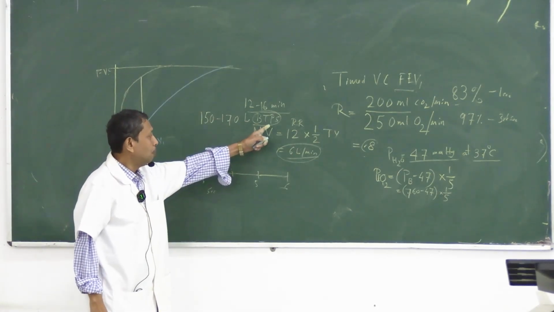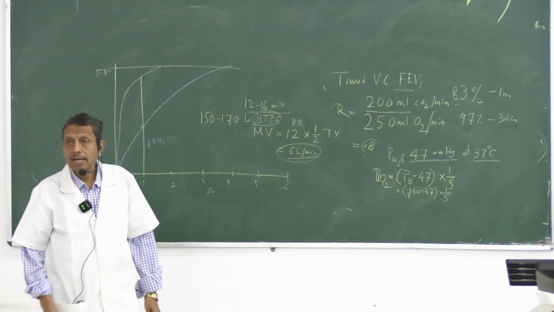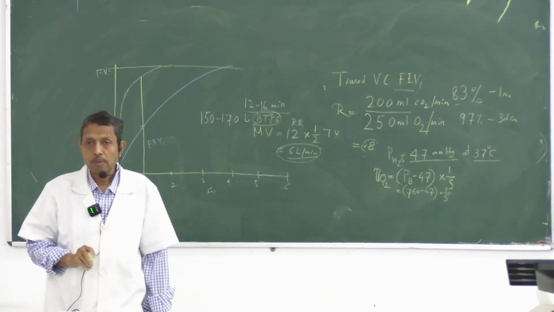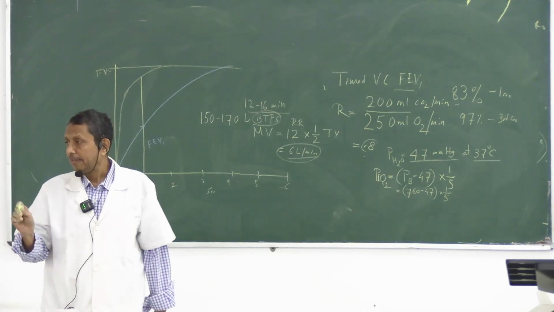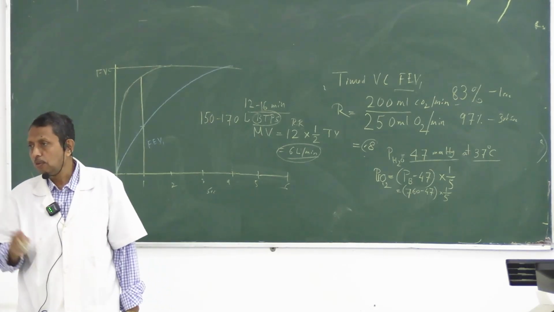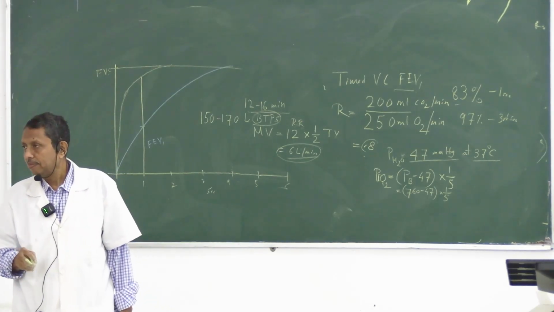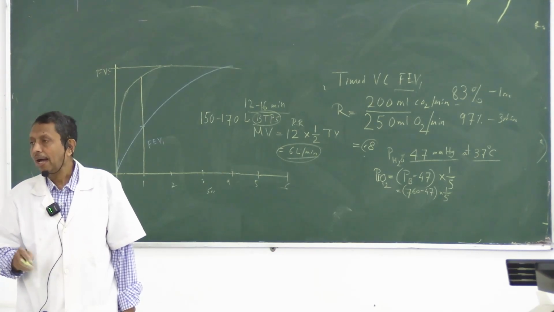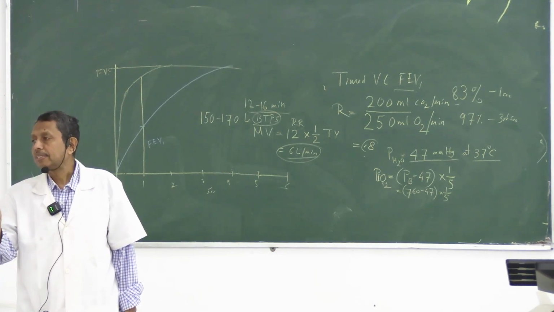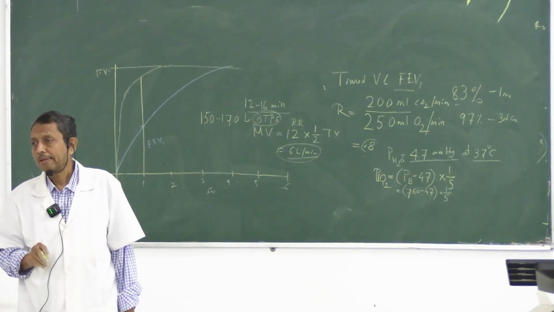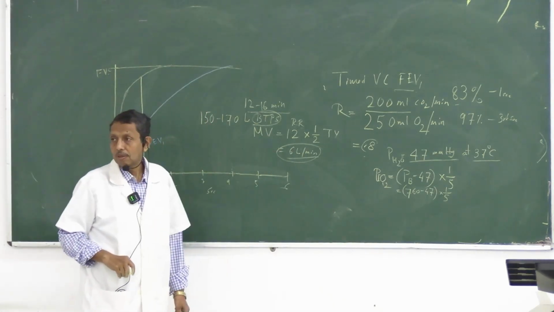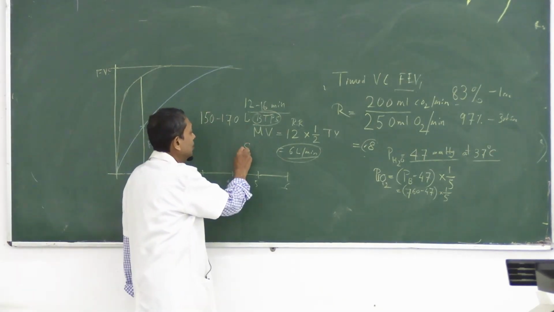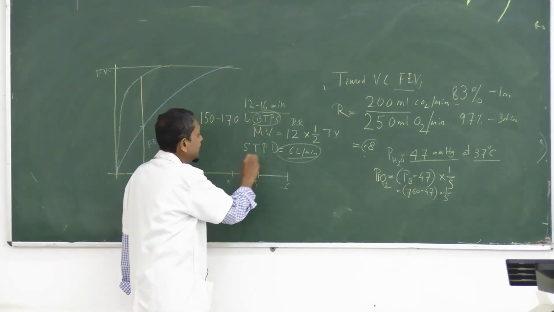Body temperature, pressure, saturated. There are some terms used because the volume of air changes easily with temperature. Body temperature, pressure and saturated, this value is given, or standard temperature, pressure, dry.